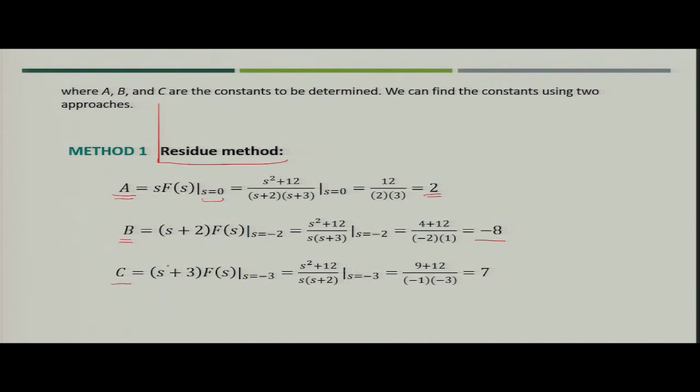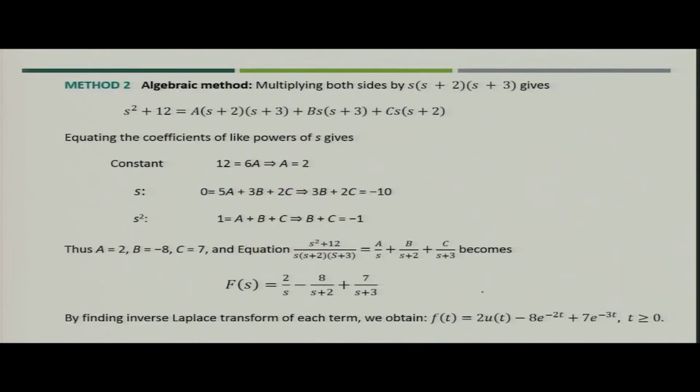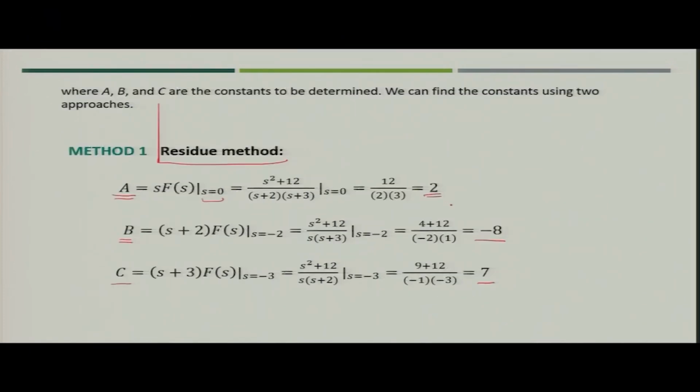Similarly, for C, we multiply the Laplace transform by (s + 3) and find out the value of the complete expression at s = -3, and when we simplify we get the value of C as 7.